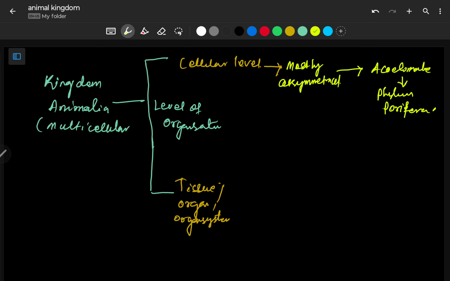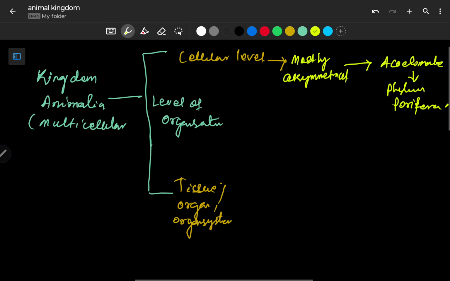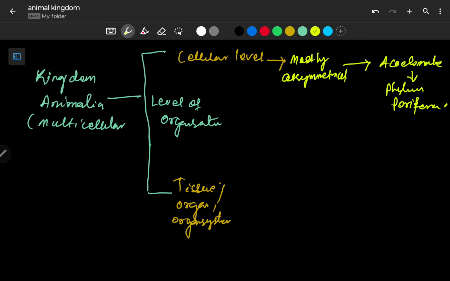So just remember kingdom Animalia, which includes all the multicellular organisms. On the level of organization, the organisms which are having cellular level of organization are mostly asymmetrical, that is the symmetry is asymmetrical, and they are acoelomate.